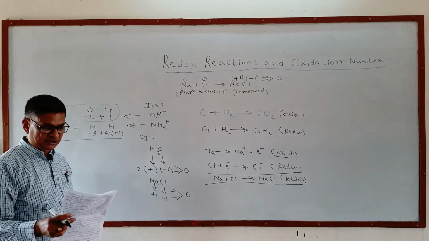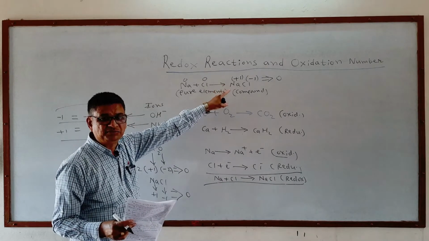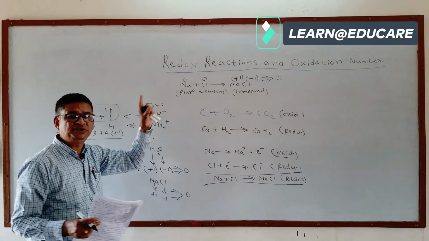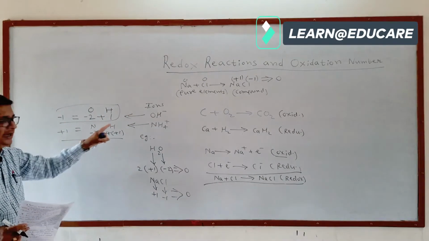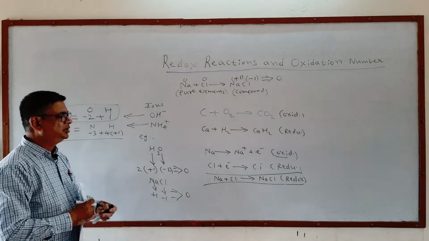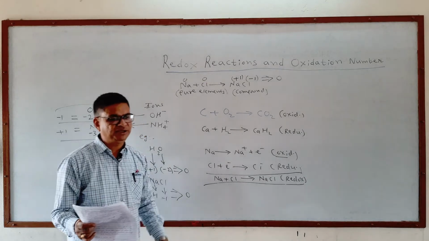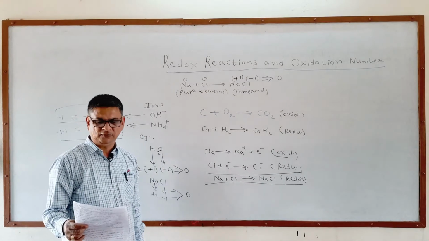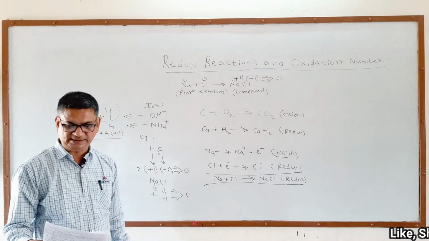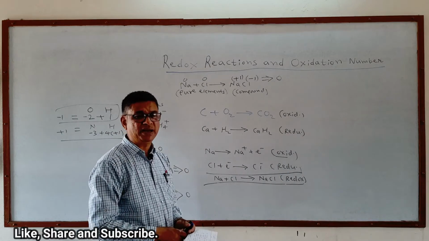In case of oxidation number, if you take the oxidation numbers of individual atoms and sum them, in case of a compound or molecule that sum is always 0. But in case of an ion, it is equal to the charge on the ion. Oxidation numbers of some elements are fixed, like oxygen is -2 except in peroxides and fluorides. Hydrogen is +1 except in some cases, and for halogens the oxidation number is -1.